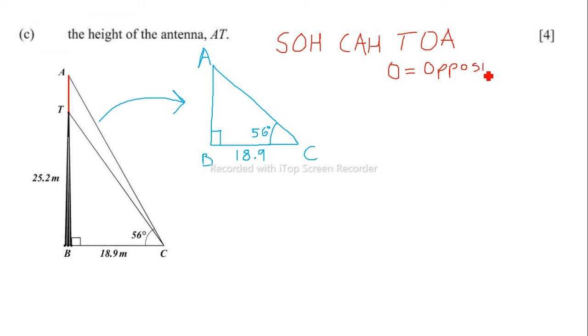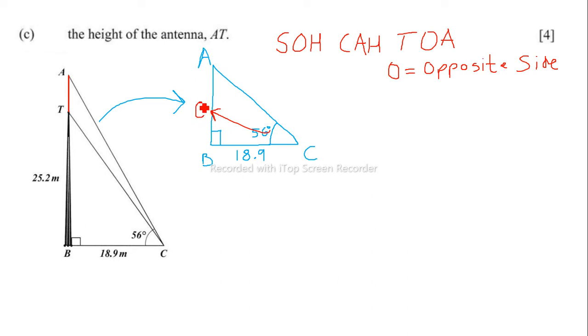O is for the opposite side of the right angle triangle. The opposite side is the side that is opposite the angle. So this is the opposite. O is this one.